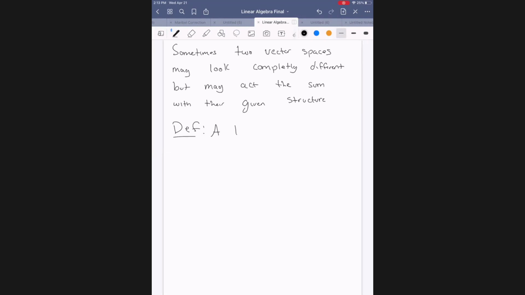So a linear transformation T from V to W is called an isomorphism if it is onto and one-to-one.